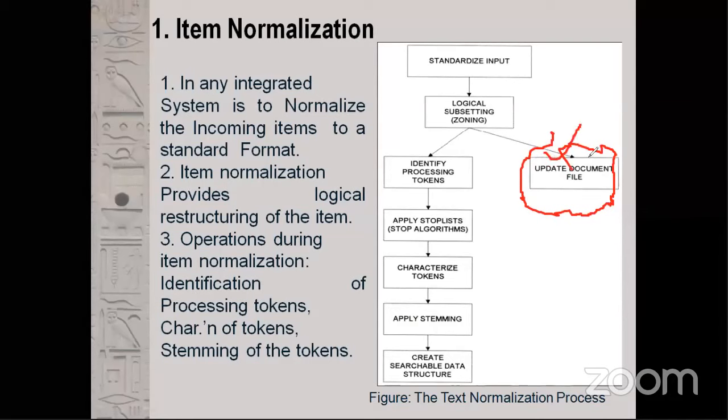This document file contains the data documents that come to your end, which may be image related or audio related or whatever. I have to maintain this for my future reference. Clear? Yes, sir, it's clear.